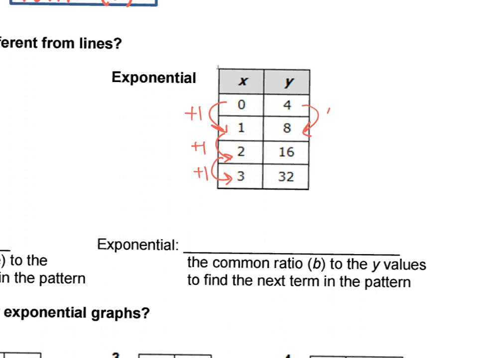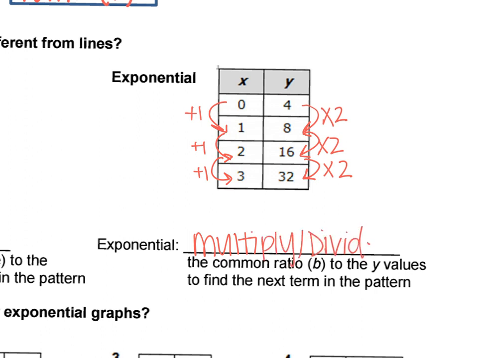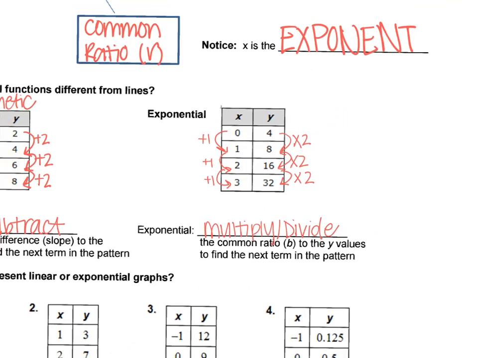Well, 4 times 2. 8 times 2 gives me 16. 16 times 2 gives me 32. So if you multiply or divide, and again, dividing is just multiplying by a fraction, it becomes exponential because it's growing exponentially. It's getting bigger faster, where a line is just going at a constant rate.